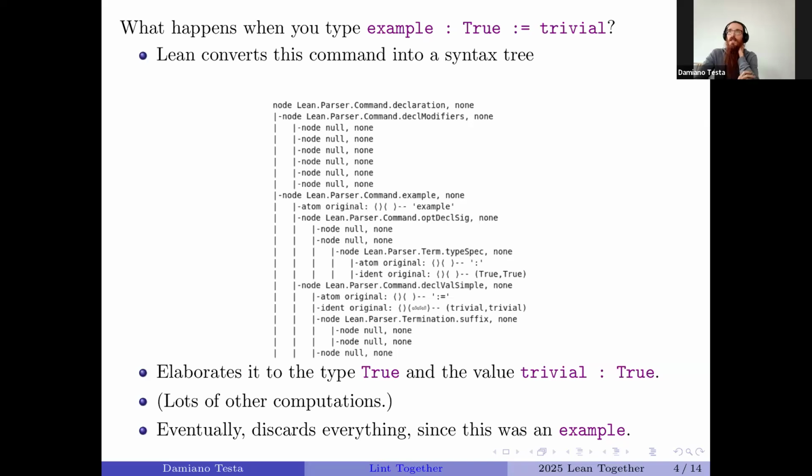It's going to realize that true, the expected type, is some type, so it elaborates that to an expression, some other tree-like structure. And similarly, you've told Lean that true had a term that was called trivial, so now it creates another expression for that thing.